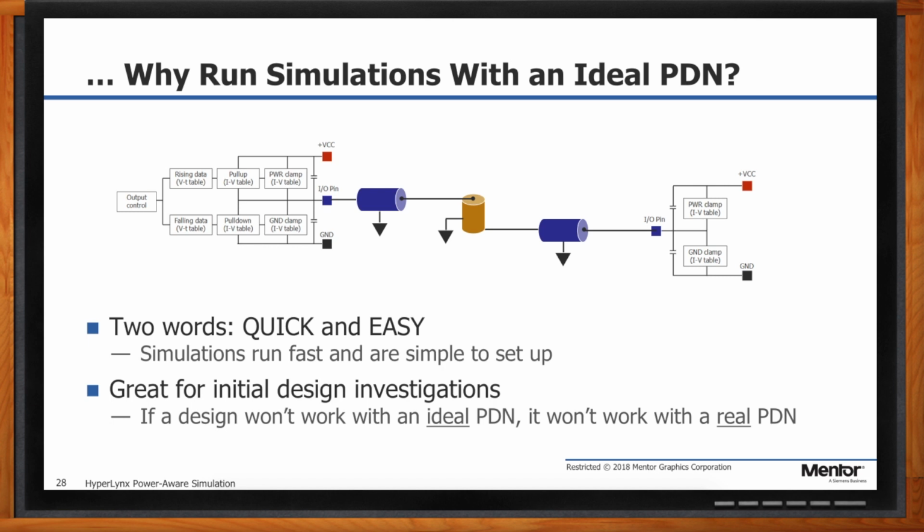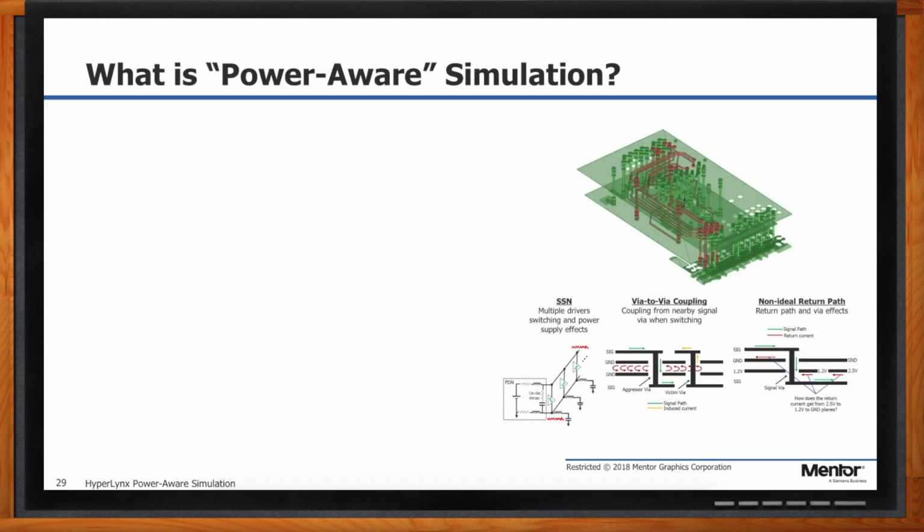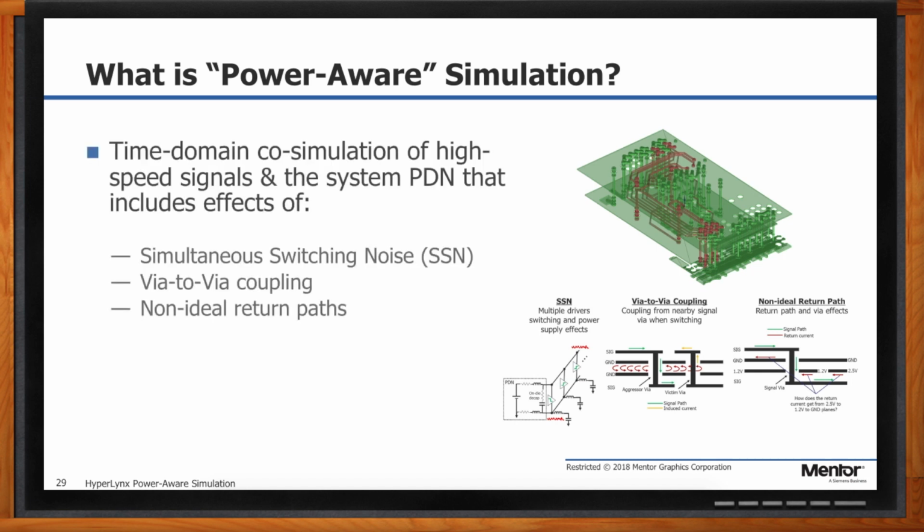So why not, early in the design cycle, make that assumption that everything is perfect and only bring that into play as I get my design refined to the point where I really want to go look at that level of detail. And so that's what power-aware simulation is. It's the analysis in the time domain of both the signals and the power delivery network and how they interact so that we can account for the effect of those three different phenomena that we talked about.